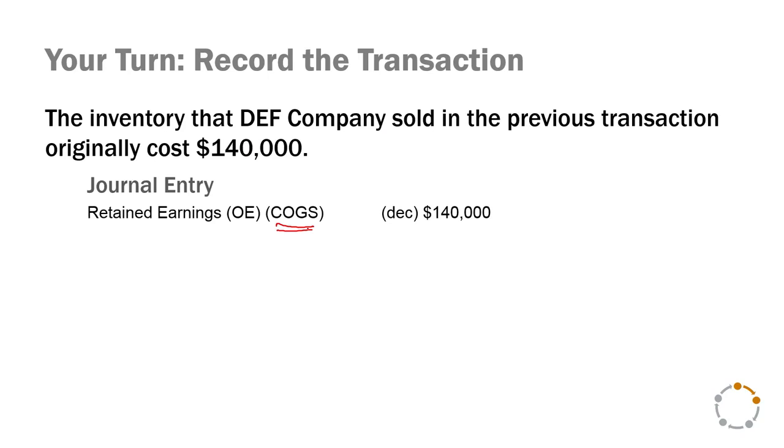Here we have cost of goods sold. Recall that COGS is cost of goods sold. Retained earnings decreases by $140,000 because of this expense. The company sold inventory, so the inventory account decreases by $140,000.